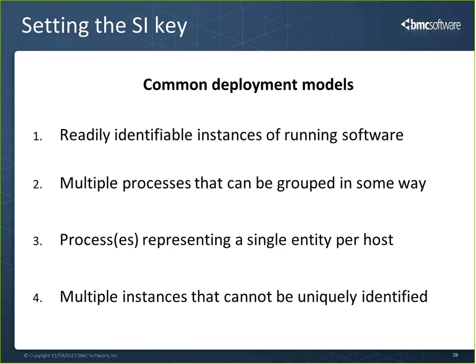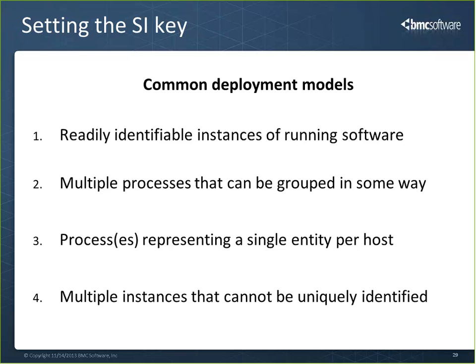Now, on other hosts, we might have a situation where we have one or more processes that represent a single entity on that host, and you can only have one of those. This is often seen with Windows software. In this case, we should use a simple key that's just based on the type of the software and the host key. And finally, you can have a situation where there are multiple instances of processes, but they cannot be uniquely identified in any way.